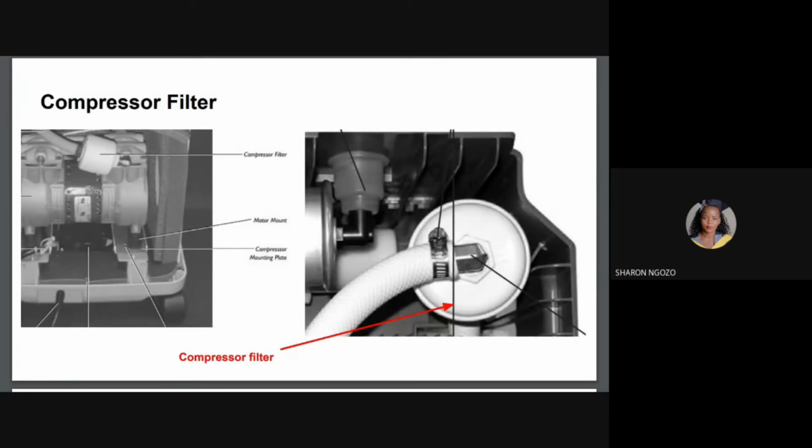A point to take note about filters is that it is highly recommended to change all these filters once a year to ensure the longest life of your oxygen concentrator. Some manufacturers recommend changing the filter about every 2 to 3 years. All this is stated in the concentrator manual.